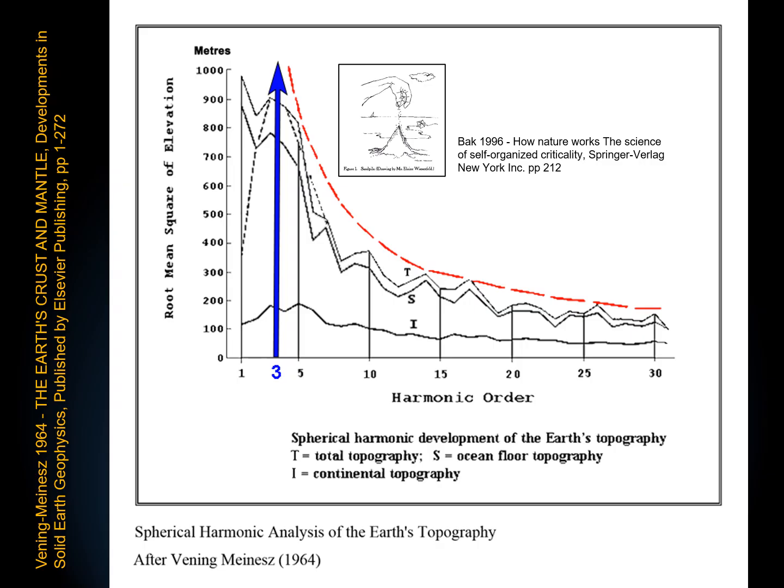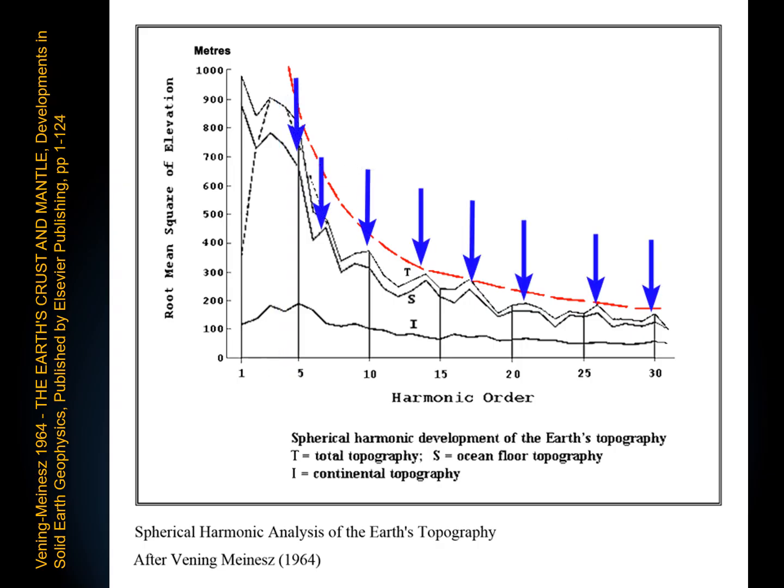Another important consideration in respect to these early harmonic orders is that they are grand scale features that occurred very early on in Earth history. And these grand scale features were modified, if not destroyed, by subsequent harmonic orders.